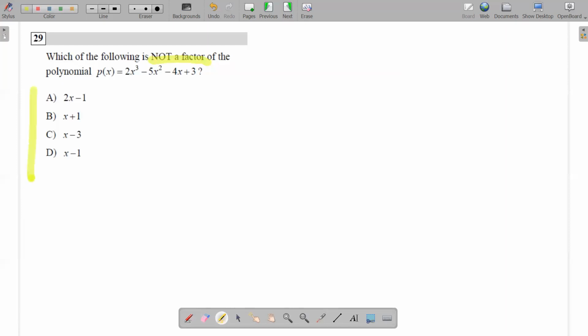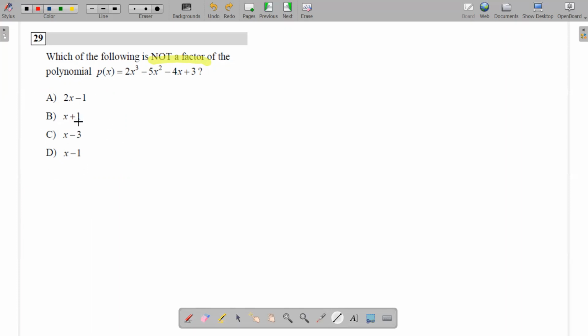So we expect that one of these binomials, when converted to a specific value for x, will not give us, as a result, p of x equal to 0. Now, this is a question that is potentially wasting time for us. Why? Because in theory, we need to solve for many binomials.